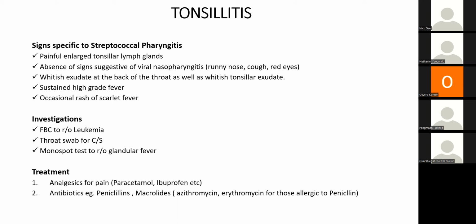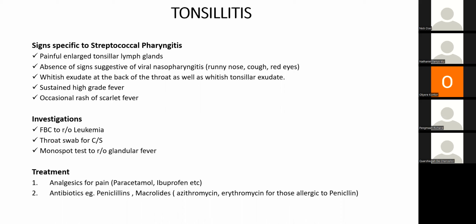And then usually a monospot test, that is in the advanced stage, to rule out glandular fever, because glandular fever also typically presents with painful swallowing, feverishness, whitish exudates at the back of the throat, usually with either an inflamed pharynx or inflamed tonsils or even both. So you want to do a quick monospot test to rule out glandular fever.